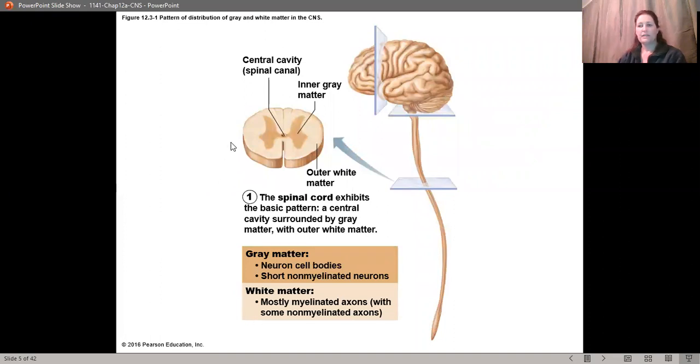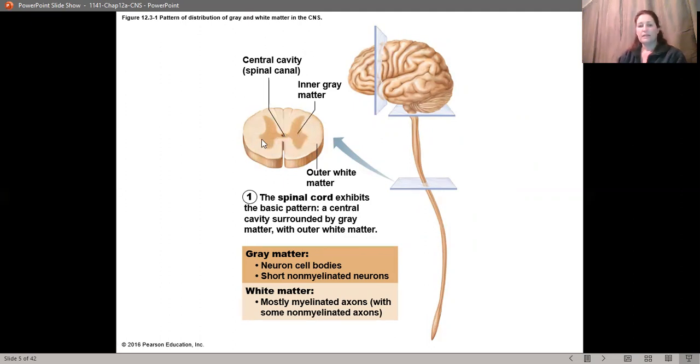As we mentioned in lab last week, if you look at the spinal cord, you have gray structures that are deep, and then it's surrounded by white matter with a central canal in the middle.